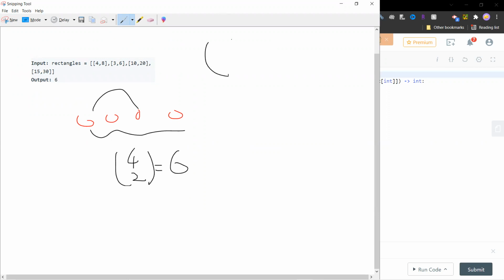In general, it will be n choose 2, and hopefully you remember your high school mathematics: n times n minus 1 divided by 2, and this is always an integer. The reason is that if n is odd, then n minus 1 will be even.